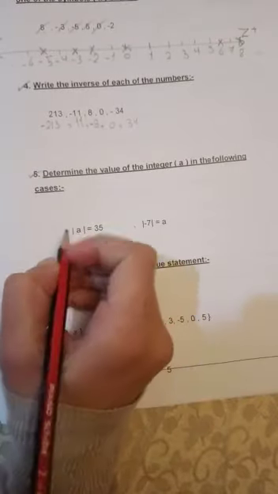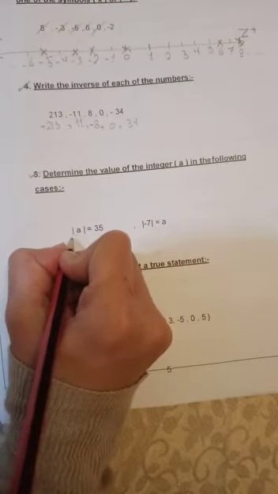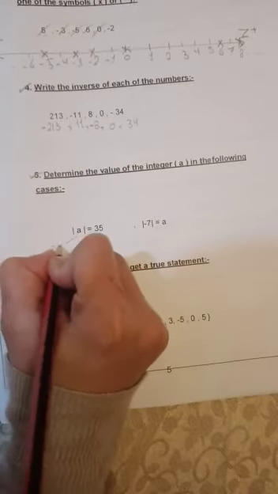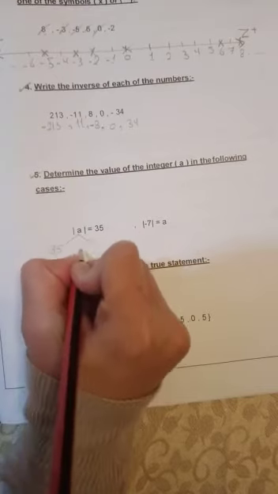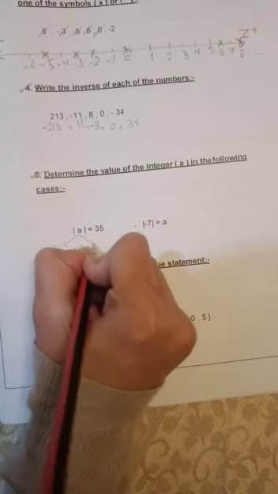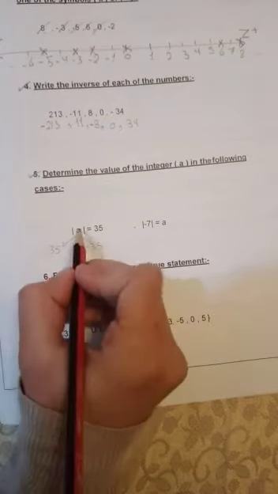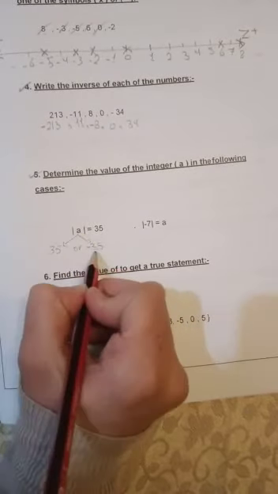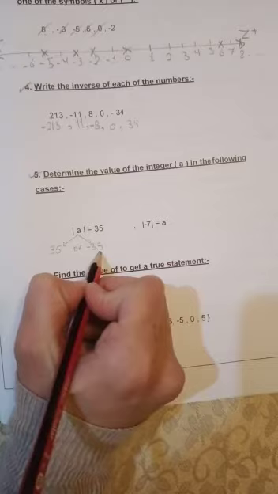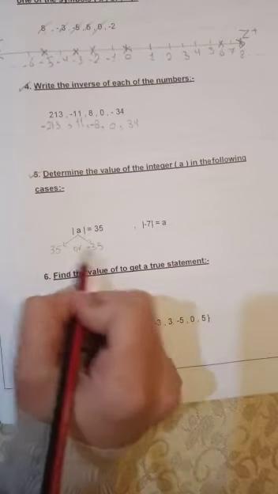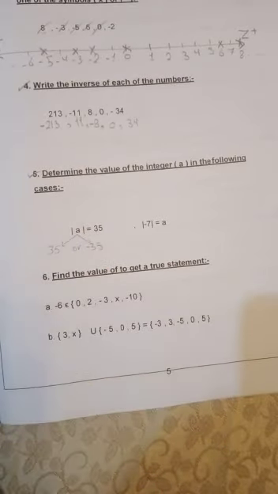So a can be 35 or negative 35. Again, a can be 35 or negative 35. In the two cases, it gets out 35.